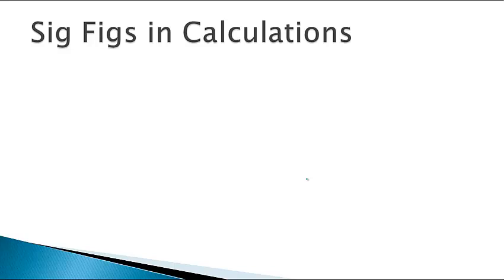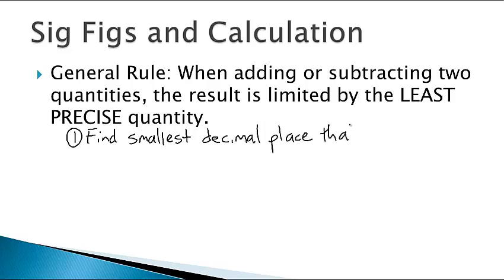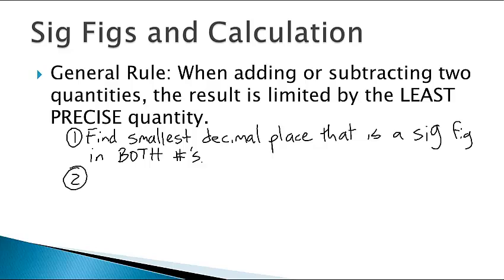So for adding and subtracting, again, we are limited by the least precise quantity, but here what you want to do is find the decimal place that's a sig fig in both numbers. And then round your answer to that decimal place.